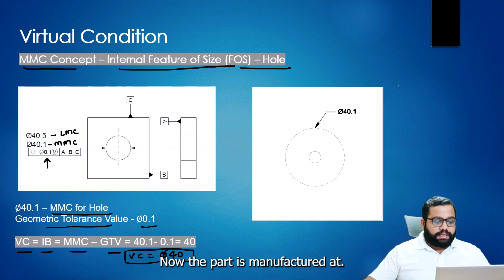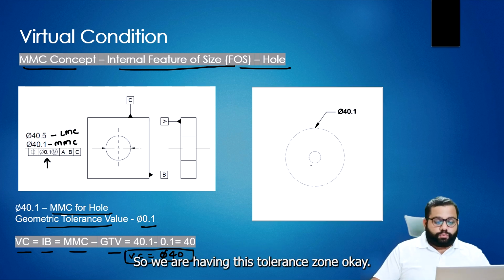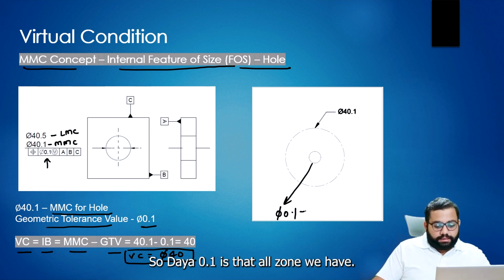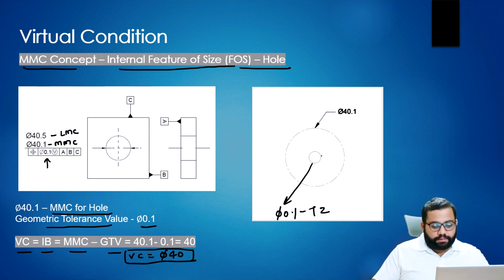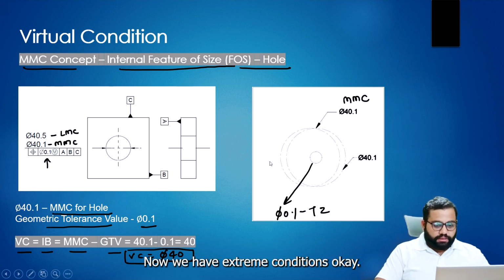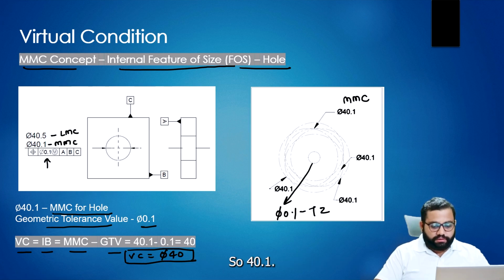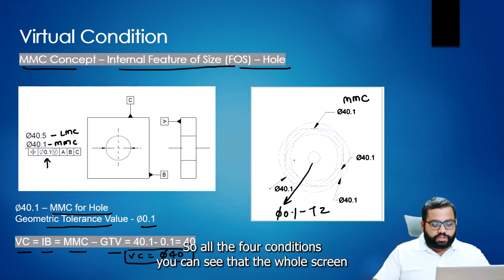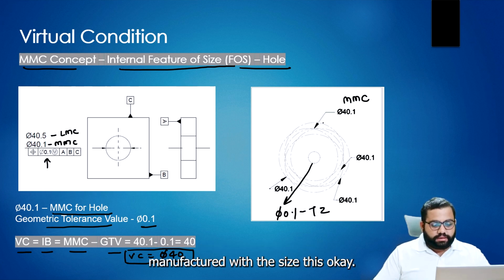Now we have this tolerance zone. Dia 0.1 is the tolerance zone we have, and the part is manufactured at maximum material condition. Now we have extreme conditions, 40.1. You can see that the hole is manufactured with this size.